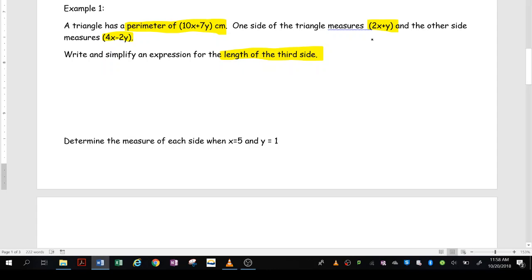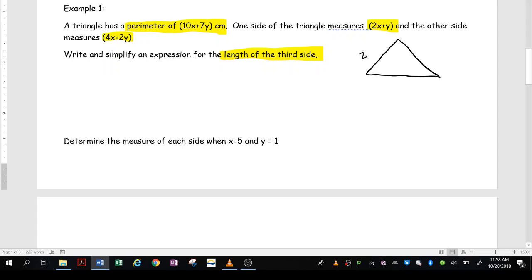So let's draw a diagram first of our triangle. And we don't know what kind of triangle this is, if it's a 90-degree, a right-angle triangle, or anything else. So let's just choose 2 of the sides.